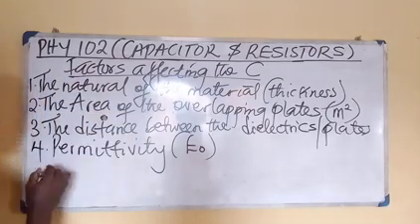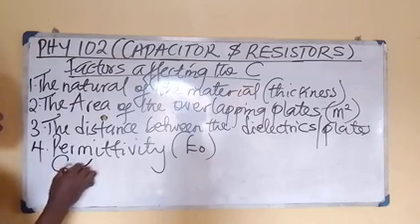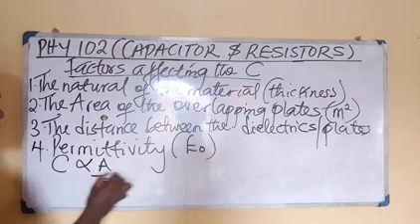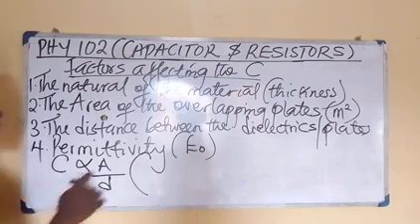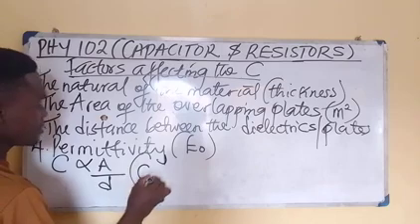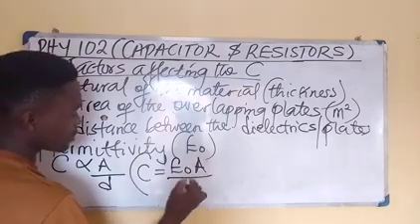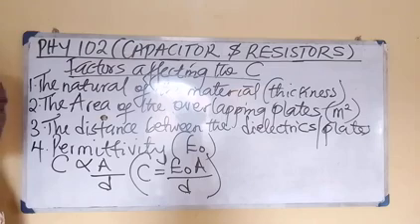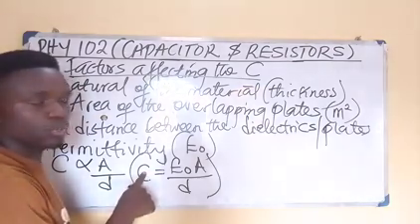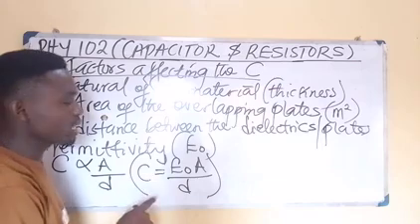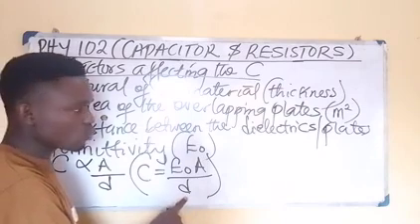The capacitance of a capacitor is directly proportional to the area and inversely proportional to the distance. In order to eliminate the proportionality sign, I'll have capacitance equal to epsilon naught times area over d. So the capacitance is directly proportional to the area and inversely proportional to the distance between the plates.